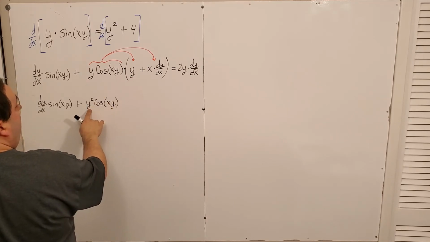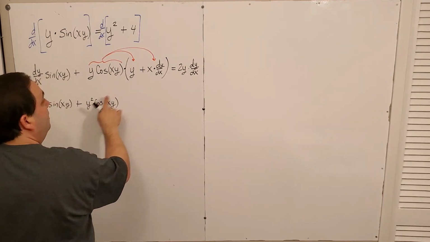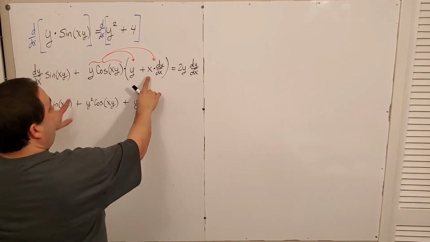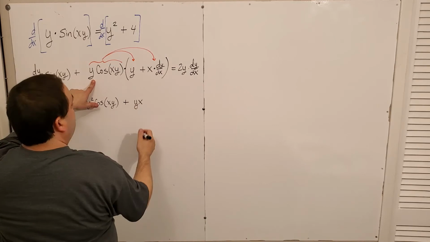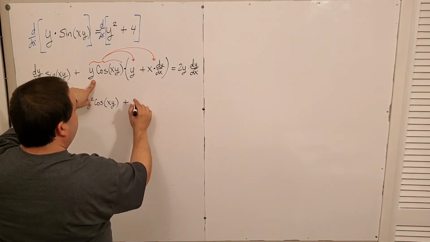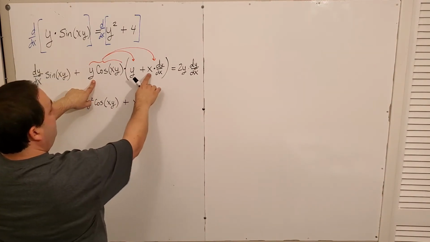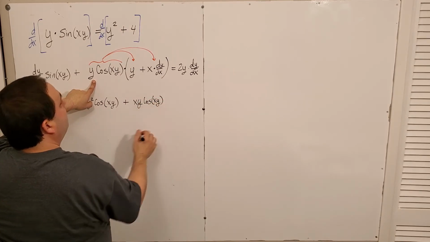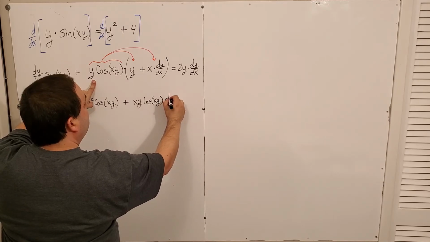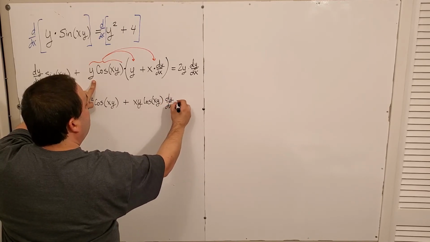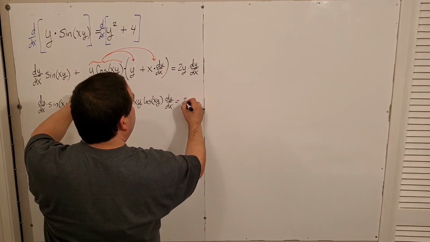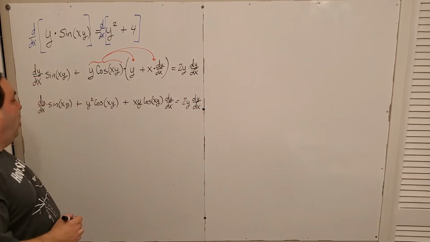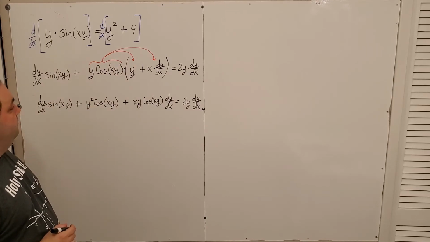Notice y times y gave me the y squared. Plus yx, or xy, if it tickles you, since everything is written xy, x times y, cosine of xy, dy/dx. And then this side is still the same, 2y dy/dx. All I did was do a distributive property there.